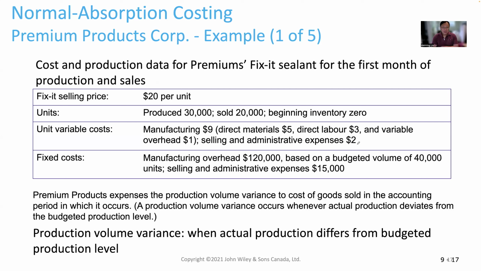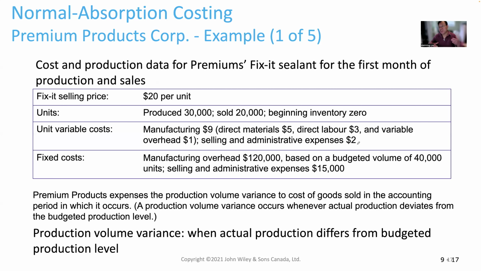So the company will expense the production volume variance to cost of goods sold in the accounting period in which it occurs. This is a new concept. A production volume variance occurs whenever actual production deviates from the budgeted production.